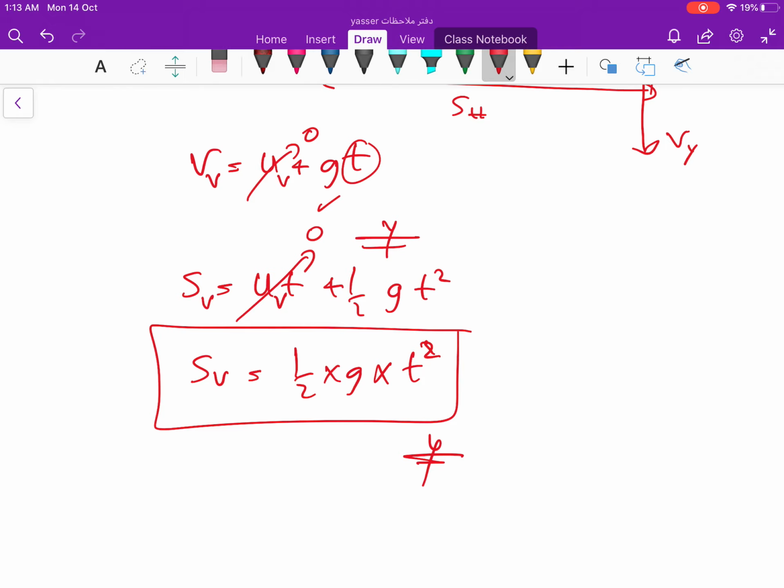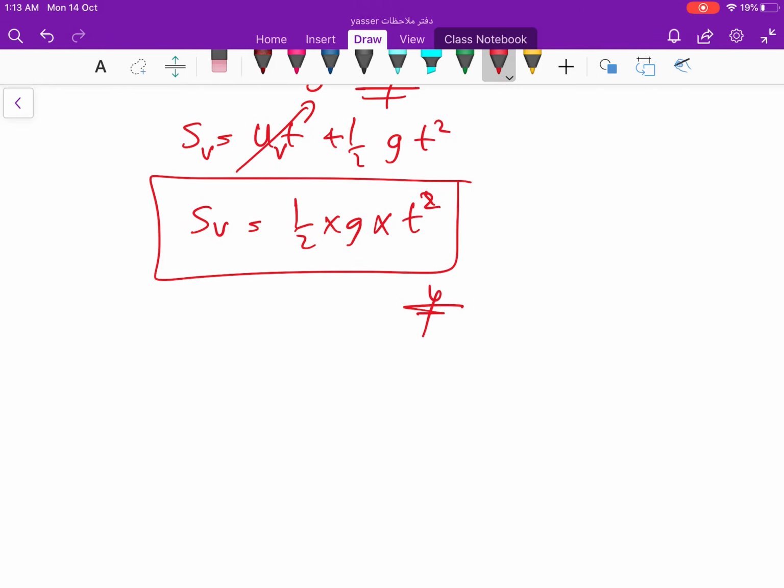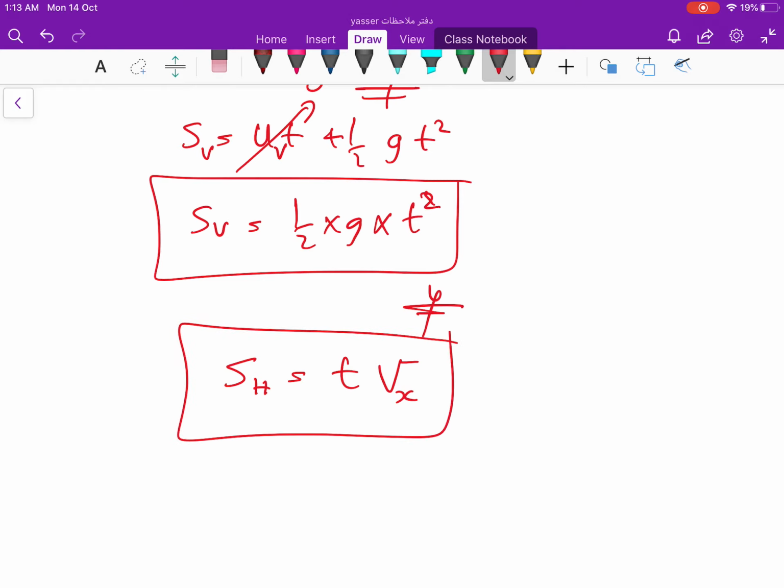If we are trying to calculate the distance from the base, or the horizontal displacement, we can find it by multiplying the time by the horizontal velocity, the horizontal final velocity or horizontal initial velocity. It doesn't matter since the horizontal velocity is constant, so we can use this equation.